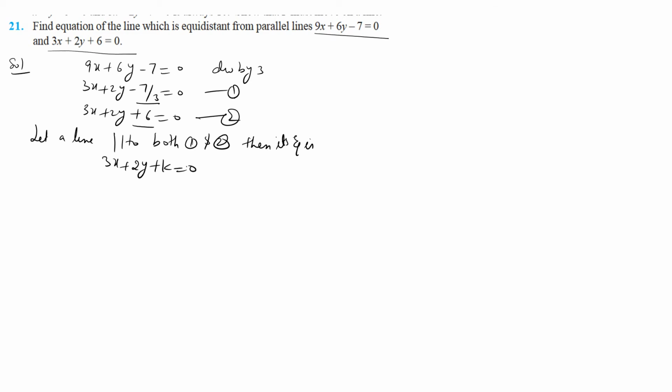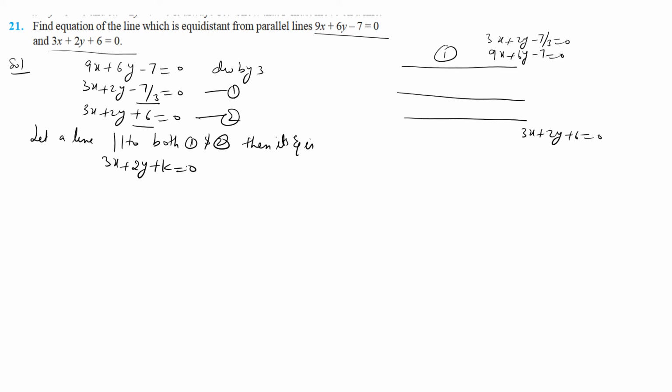First is 9x plus 6y minus 7 equal to 0, which is the same as 3x plus 2y minus 7 by 3 equal to 0. Second is 3x plus 2y plus 6 equal to 0. And the third line, which we take, is 3x plus 2y plus k equal to 0.